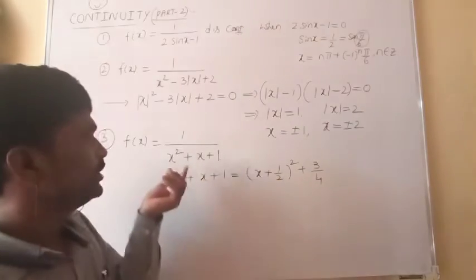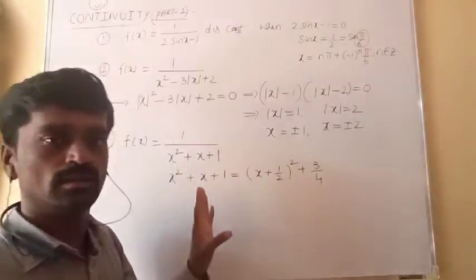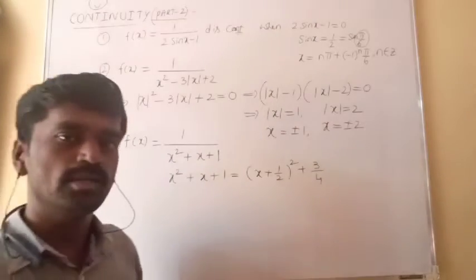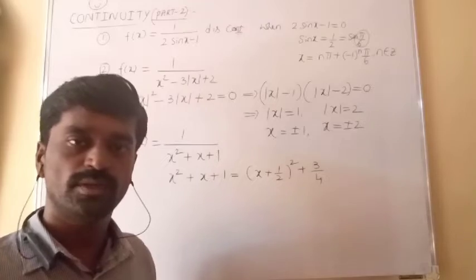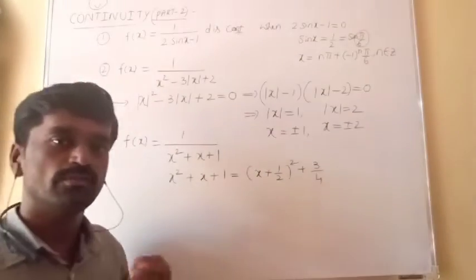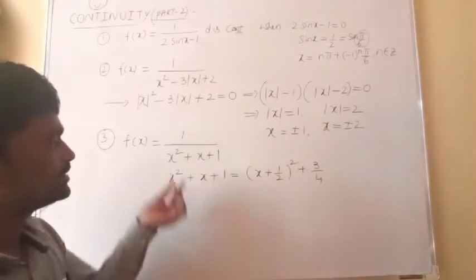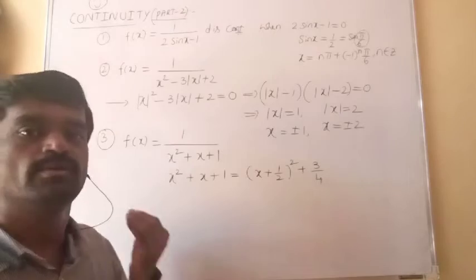That means if you substitute any real number instead of x, the denominator's minimum value is 3 by 4, so you will get a number equal to 3 by 4 or more. That means this denominator is never equal to 0. As this denominator is never equal to 0, this function is never discontinuous.